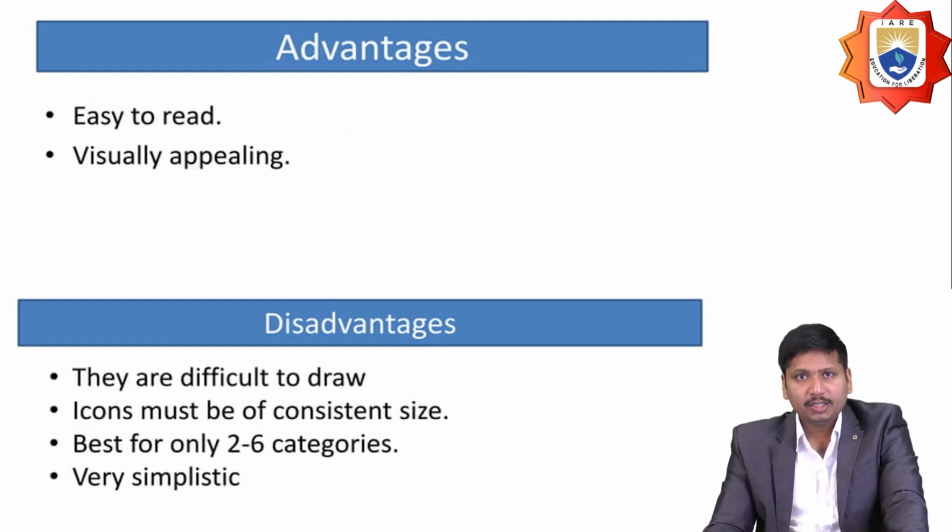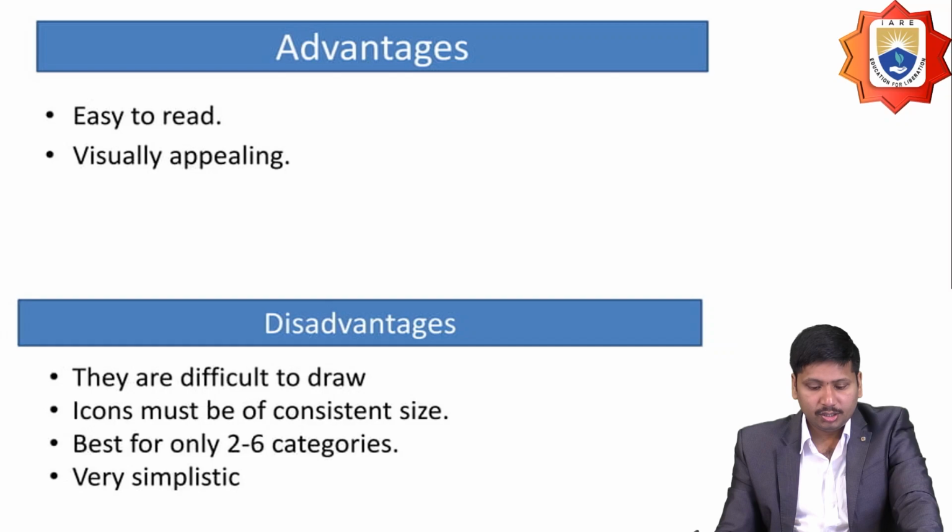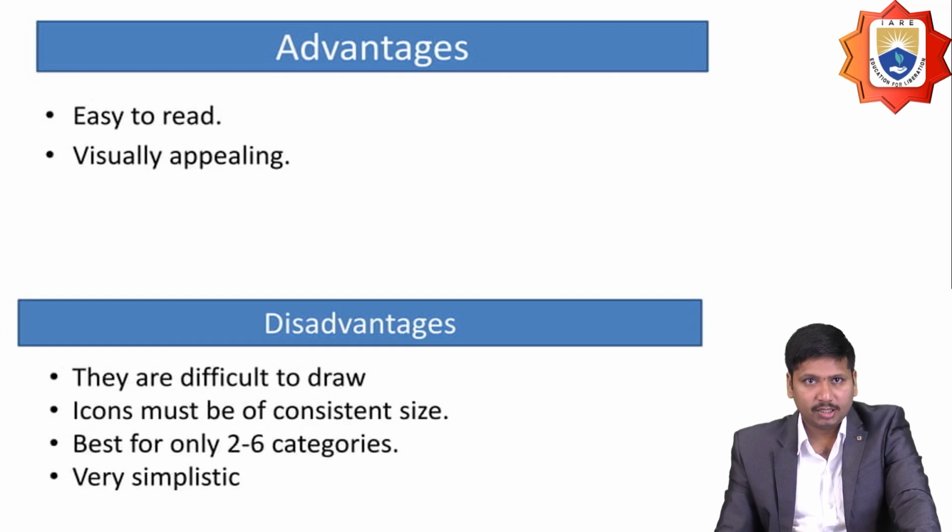So what are the advantages of a pictogram like this? It is easy to construct and visually appealing. The disadvantages are that they are very difficult to draw, since the pictures have to be drawn, and icons should also be a consistent size, and it is best for only 2 to 6 categories and very simplistic.